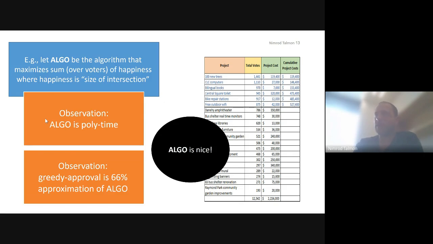And what I think is nice is that we don't have to settle for this simple greedy approximation algorithm, because if we really want to optimize the satisfaction as defined in this way, then this can actually be done. It's not a new algorithm. You can simply view this problem as a knapsack problem.